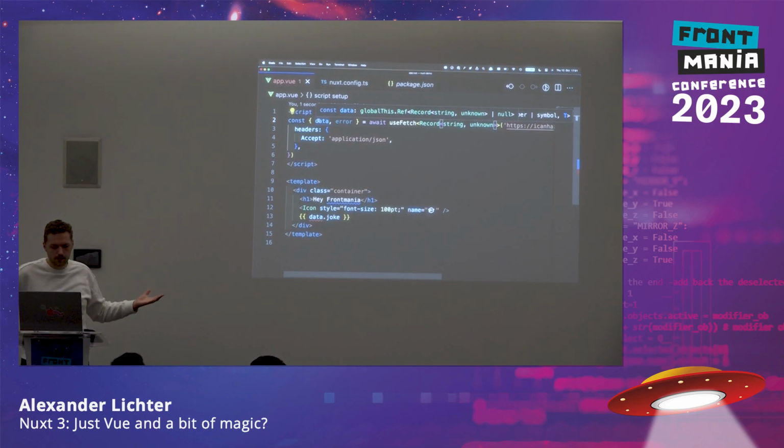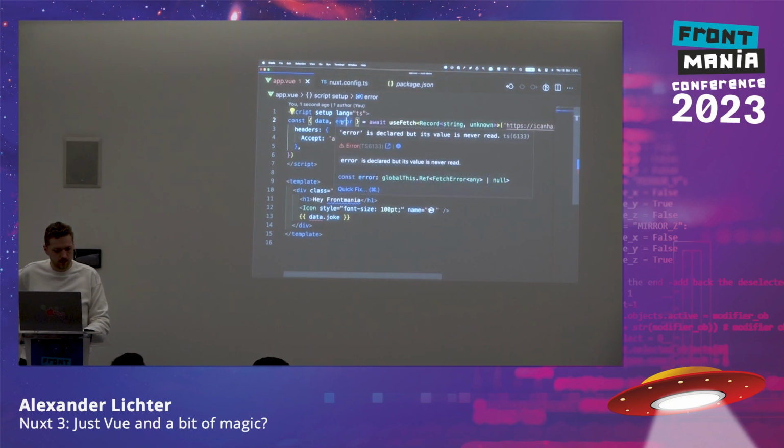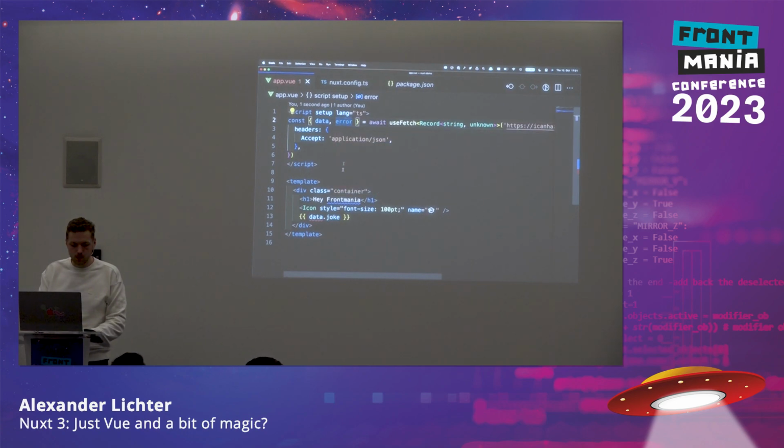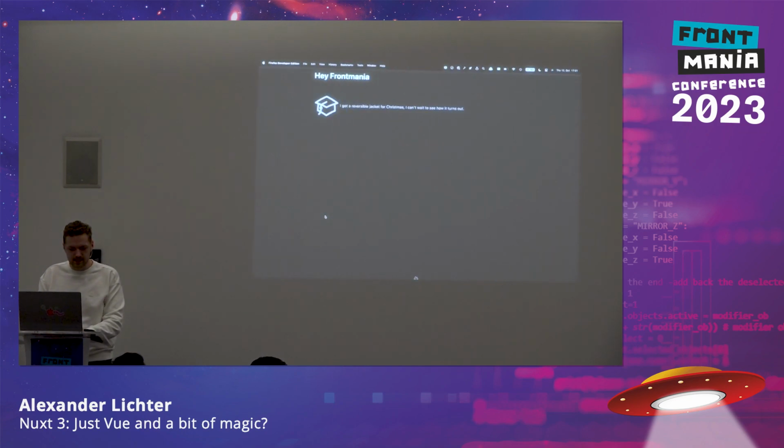Why null? Well, if there's an error, data will be null, and error will exist. So in this case, error, once again, can be a fetch error or null. If something with the fetching goes wrong, the error will trigger. Of course, data might not exist. We just go with that for now. It's fine. And it still works.